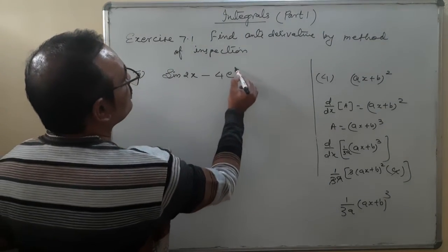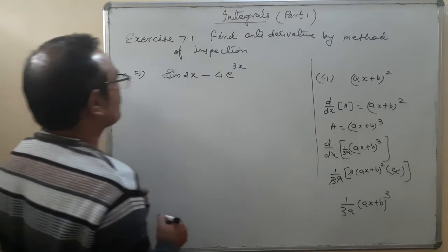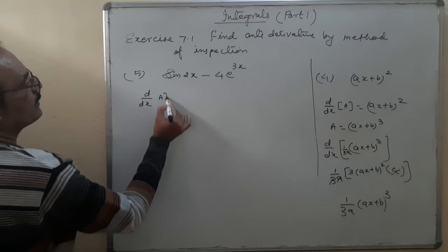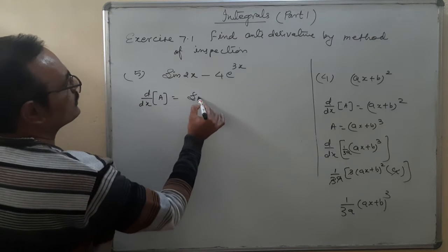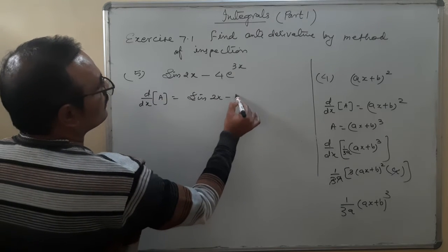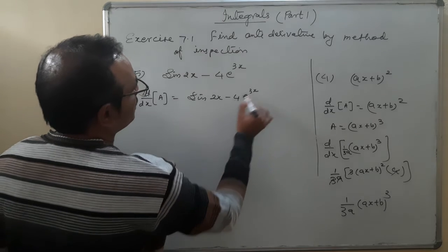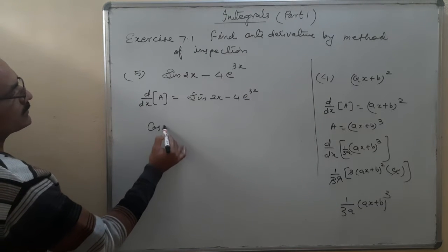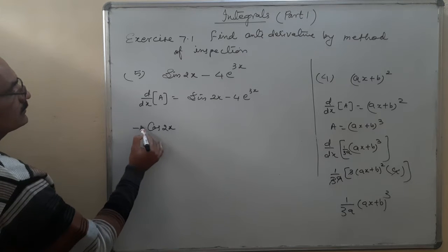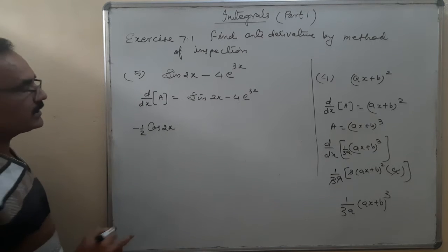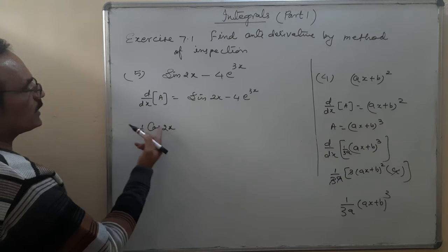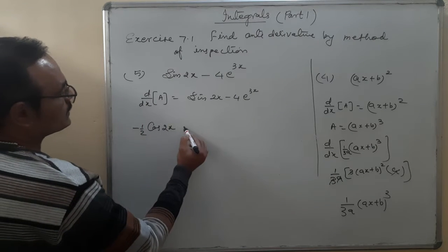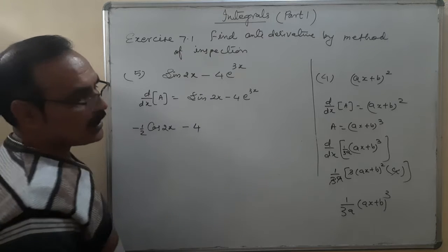Let dy by dx is equal to sin 2x minus 4e to the power 3x. What should be taken here? May I take cos 2x? We are aware of that. Minus cos 2x upon 2, and 2 is balanced. Okay. So that is minus 4 e to the power 3x.